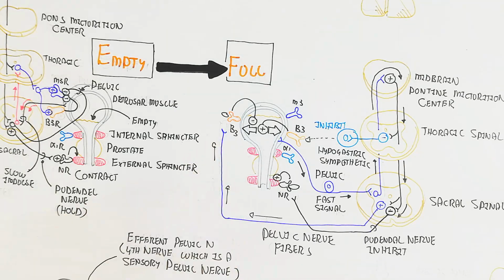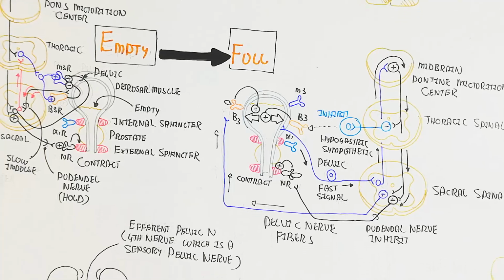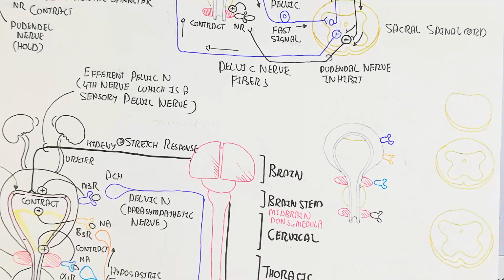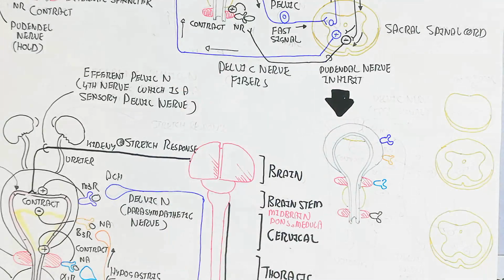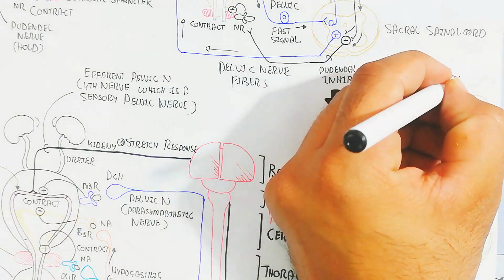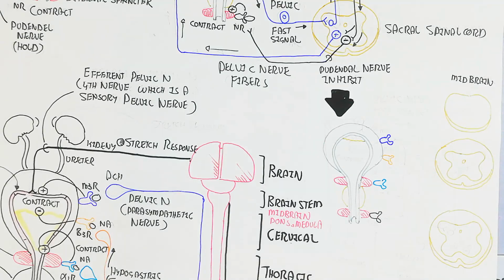This is the cycle, the feedback mechanism: when we do not want to excrete urine, the pelvic nerve fiber fires more, and the hypogastric nerve is inhibited through the pontine micturition center integration with the thoracic spinal cord.